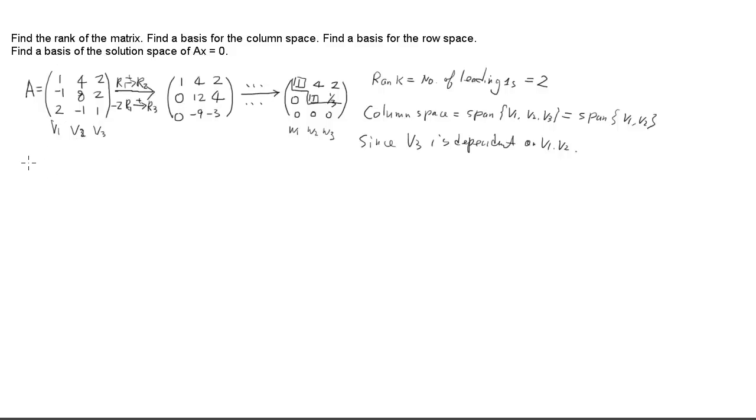So what we have is that the span of these three vectors, 1, negative 1, 2, and 4, 8, negative 1, and 2, 2, 1, is simply equal to the span of these two linearly independent vectors.